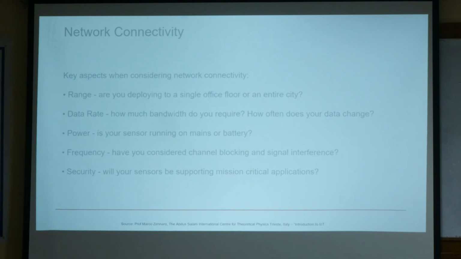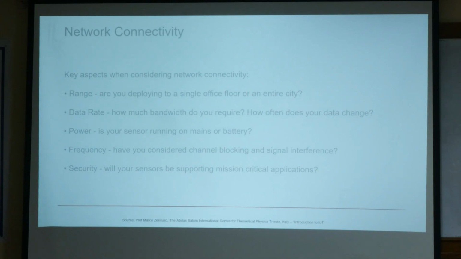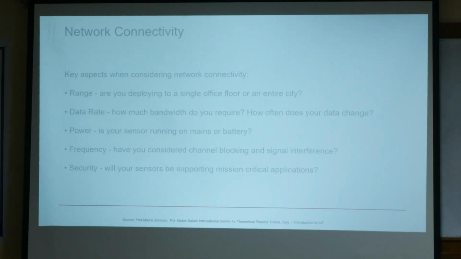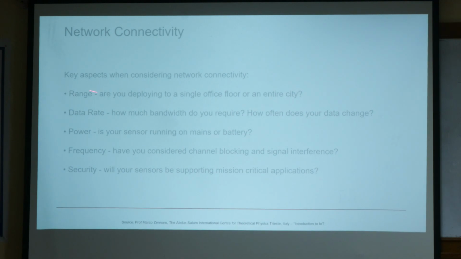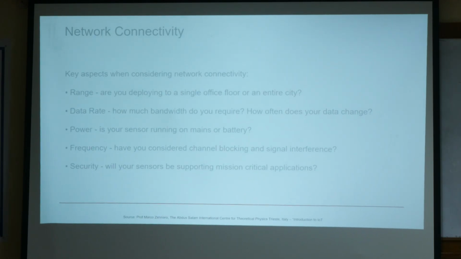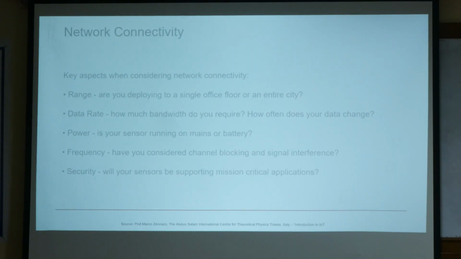So now, as an IoT designer, if you are trying to design an IoT system, we have to ask these questions, and then we have to pick the right communication network for our application. So the first one is range. So I have an agriculture field. I want to put the IoT device over there. I should know what my communication range should be.